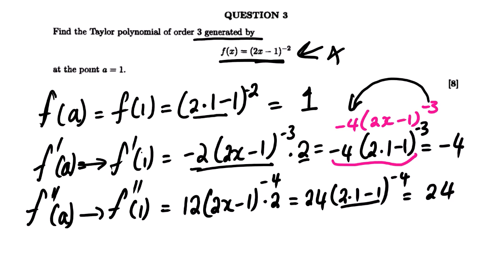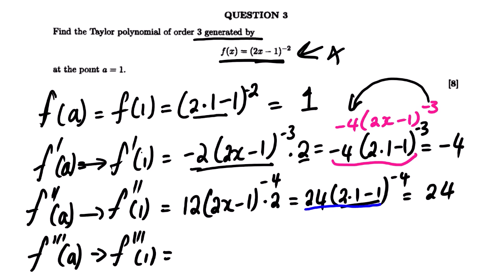Now remember, the question says order 3 generated, so it means we need to stop at the third derivative. So the new function that we are going to derive is 24 (2x minus 1) all raised to the power negative 4.